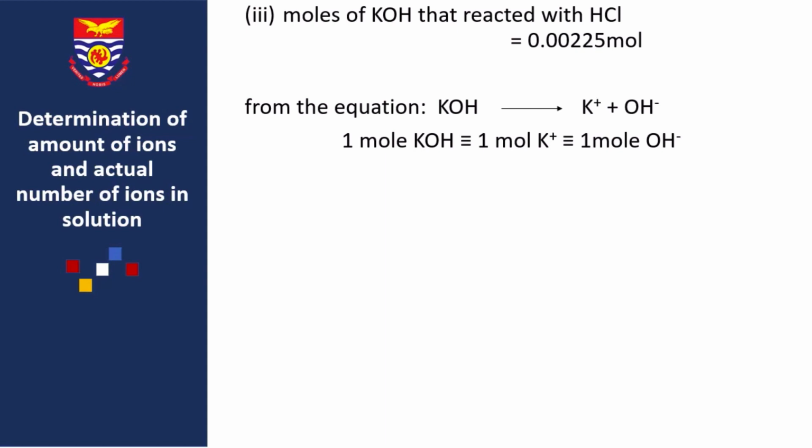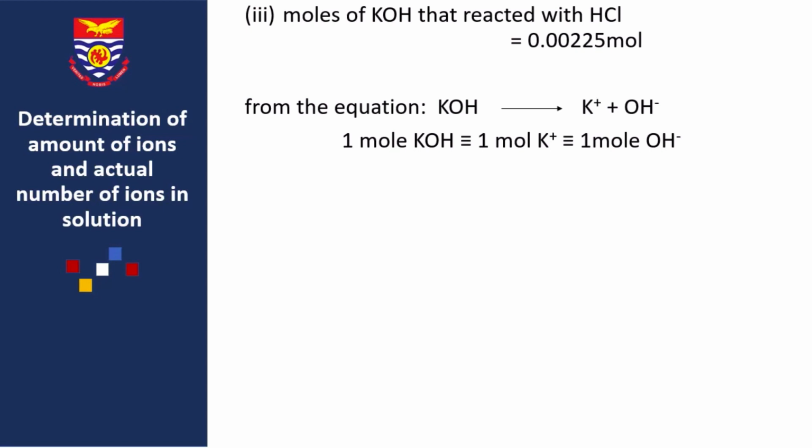Then the follow-up question was to find the number of potassium ions and number of hydroxide ions. So we are writing the potassium hydroxide in terms of ions, or splitting it into ions. And that gives us K plus and OH minus.